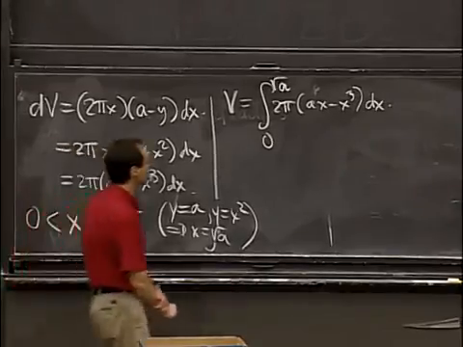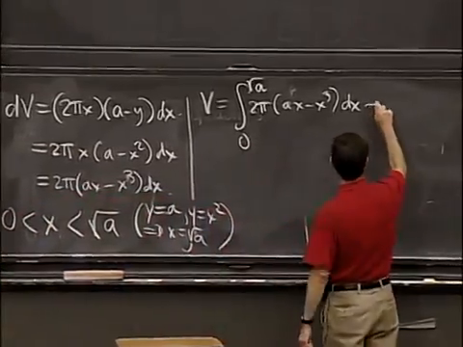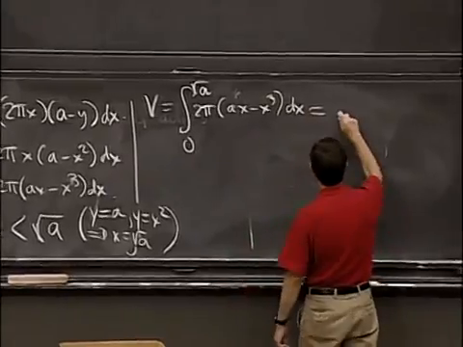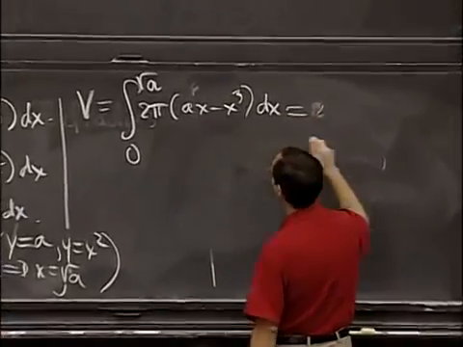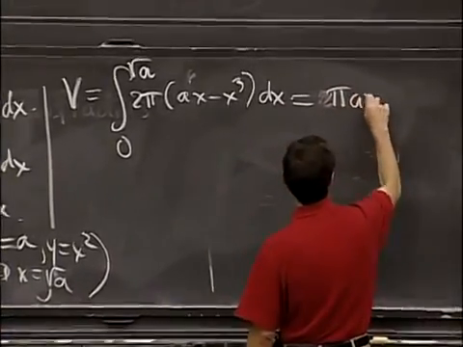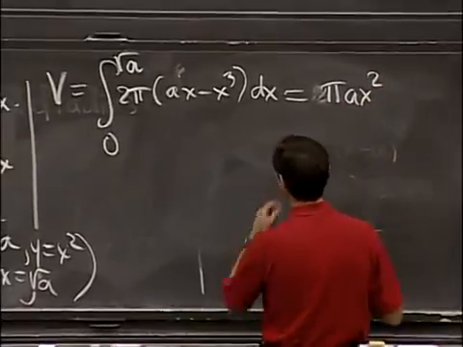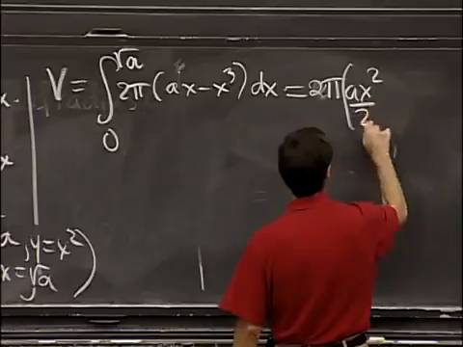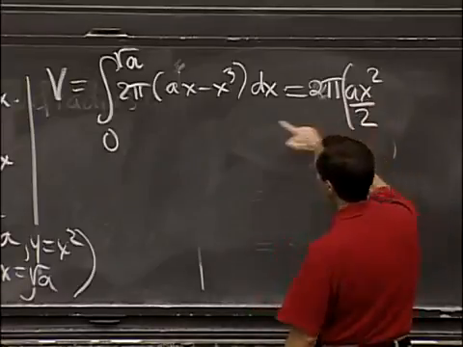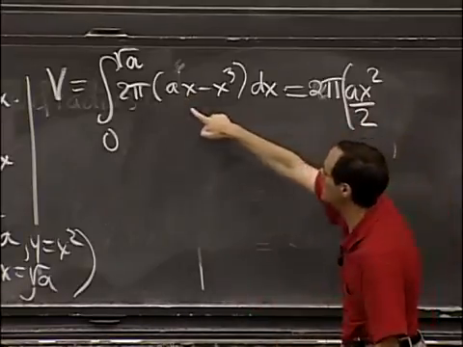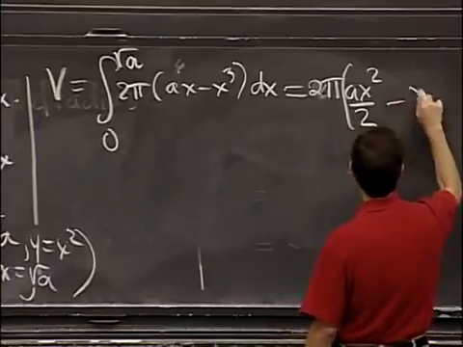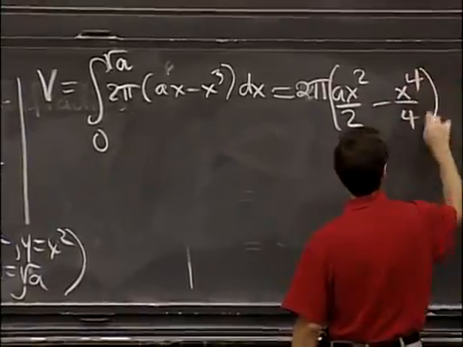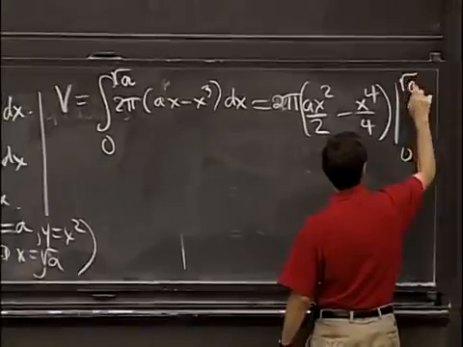And now we're ready to evaluate this integral. So we get 2 pi times the antiderivative of this: ax squared over 2, and then here x to the 4th over 4, evaluated at 0 and square root of a.